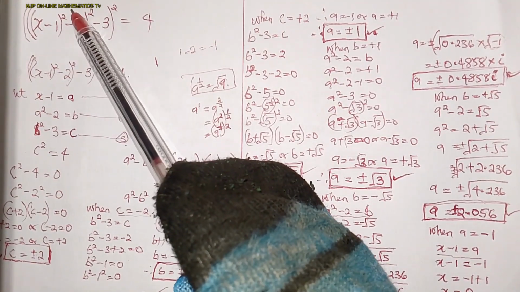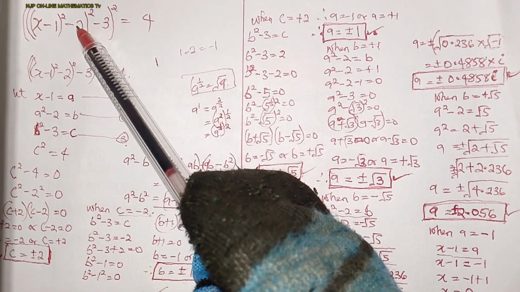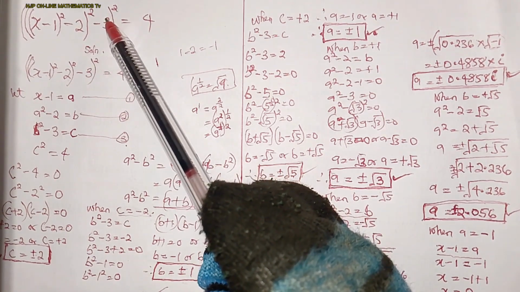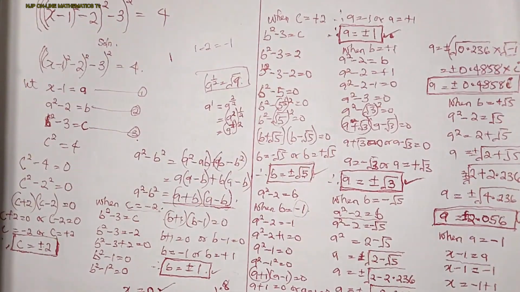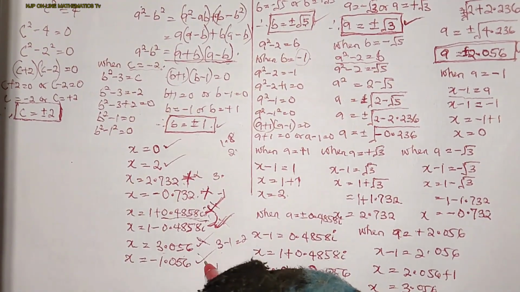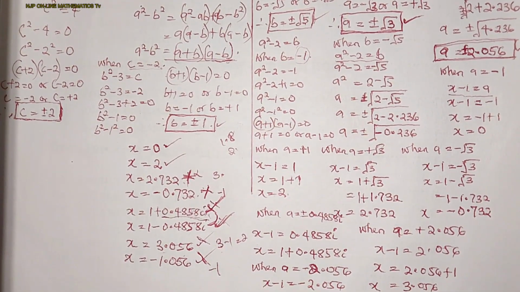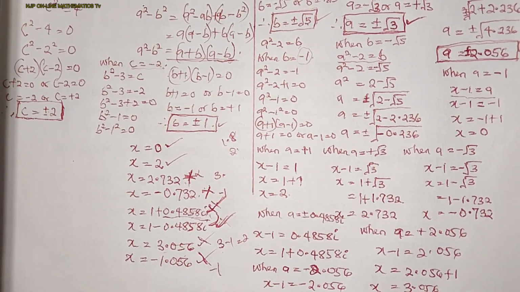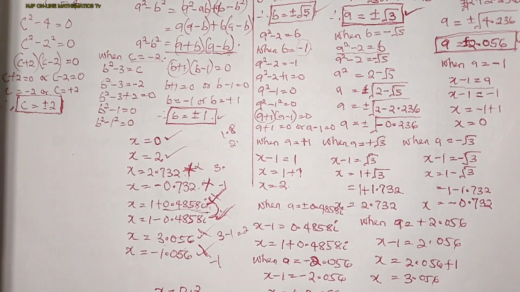If we square it, we have 4, and 4 minus 2 equals 2, and if we square it, we have 4. 4 minus 3 equals 1, and 1 square is 1, which is not equal to 4. Therefore, these two cannot satisfy our equation. So we only have the values of x to be 0 and 2 respectively, which can satisfy our equation.